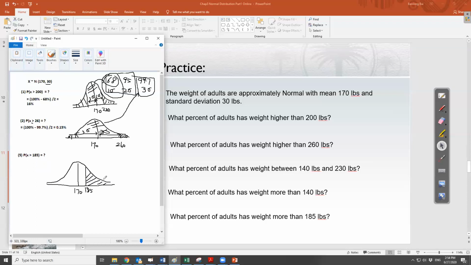So you try to use a rule, so you're going to determine the distance. The distance is 15 from 170 to 185, but how many standard deviations is that? That's half of a standard deviation, right? By the way, we don't have a half standard deviation rule. We only have the 1 standard deviation, 2 standard deviation, and 3 standard deviation rules, right? So we're stuck here. We can't find this probability using the empirical rule.